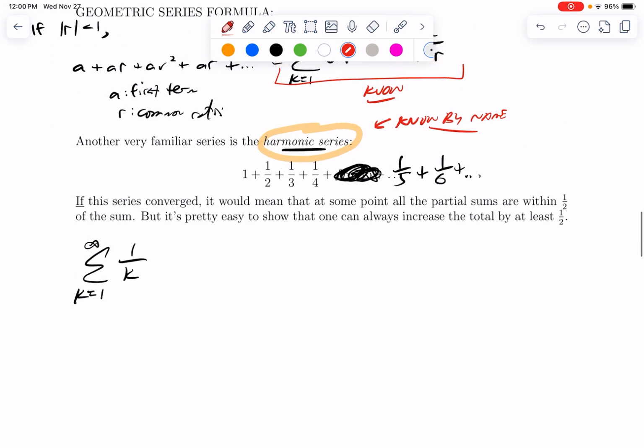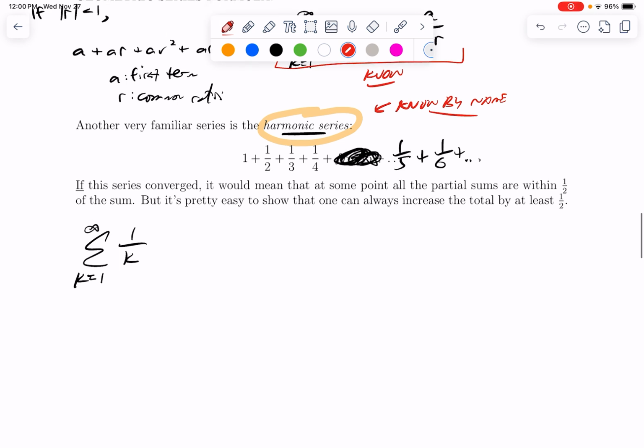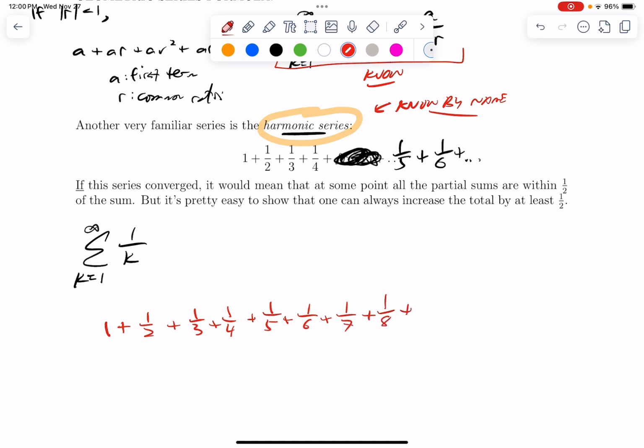So here's the idea. If it converged, converging means that the partial sums get closer and closer to the correct answer. But that's not going to happen. I can explain to you that we will never be within 1/2 of the correct answer.